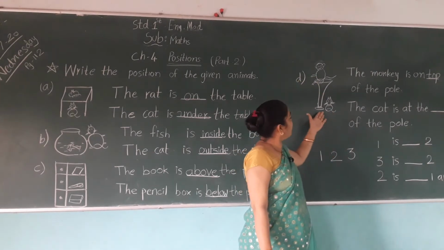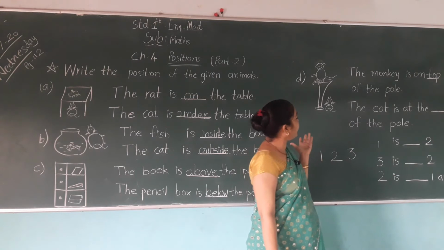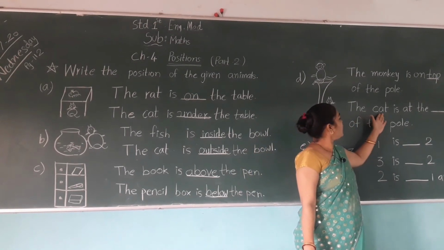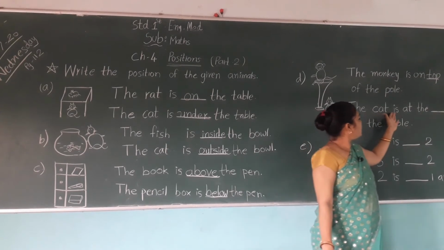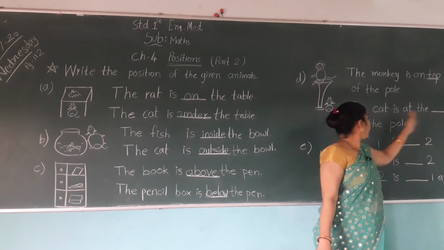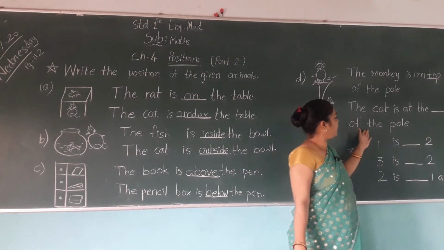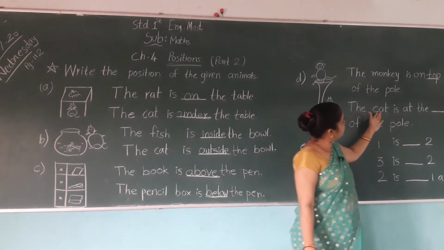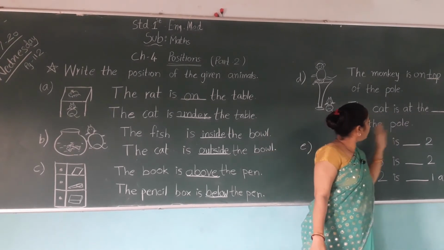Now see here. Where is the cat? The cat is at the dash of the pole.